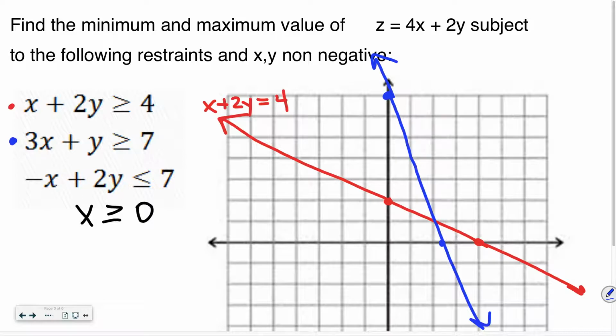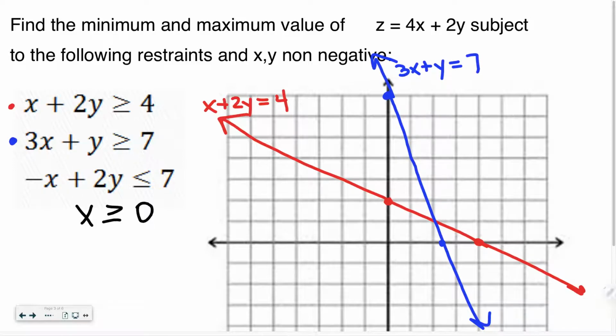Okay, if you want to change that one into y-intercept form, I don't think that would be a terrible decision. All you have to do is subtract 3x, right? Does 0, 0 satisfy that inequality? No, so we would shade away from that one as well.